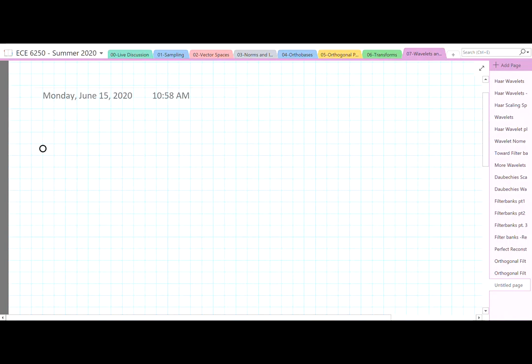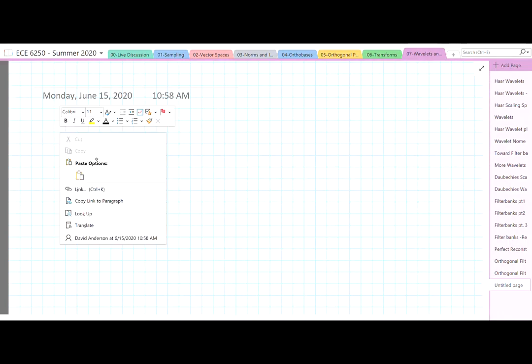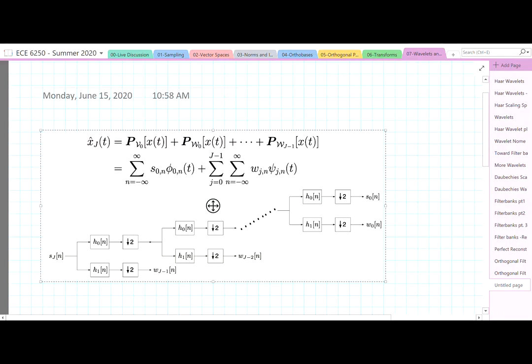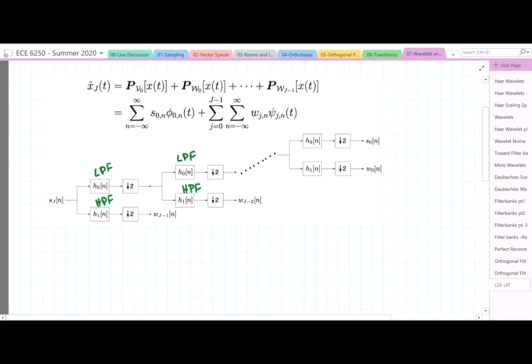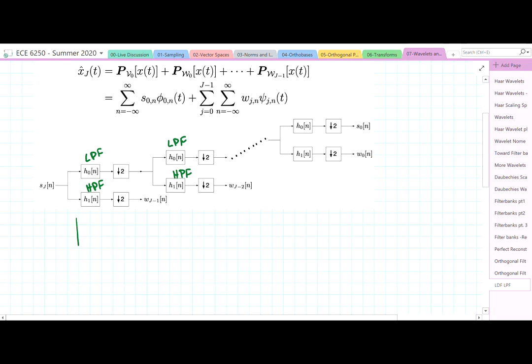So what we have here is a low pass filter, a high pass filter, and then we downsample, and once again we do a low pass filter and a high pass filter. So what does the spectrum look like at each point?